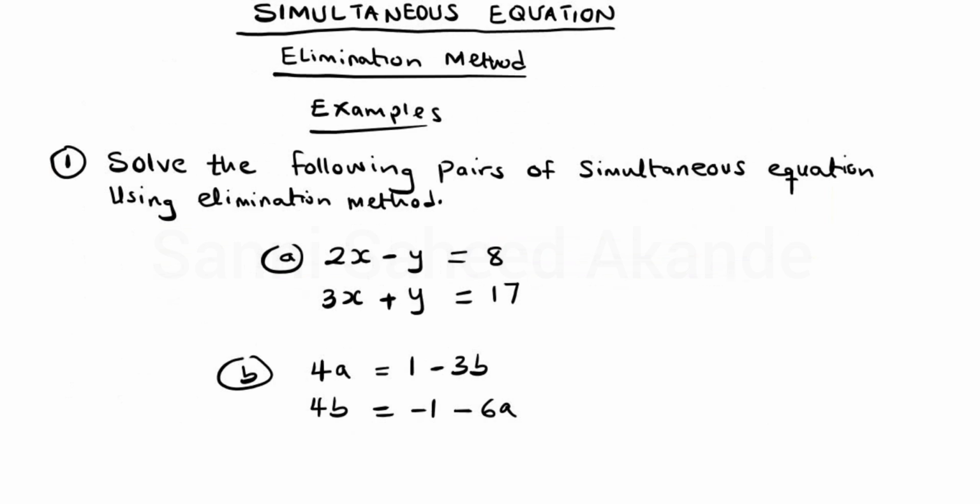The question says 2x minus y equal to 8, and the second equation is 3x plus y equal to 17. So we are going to solve these two equations simultaneously.